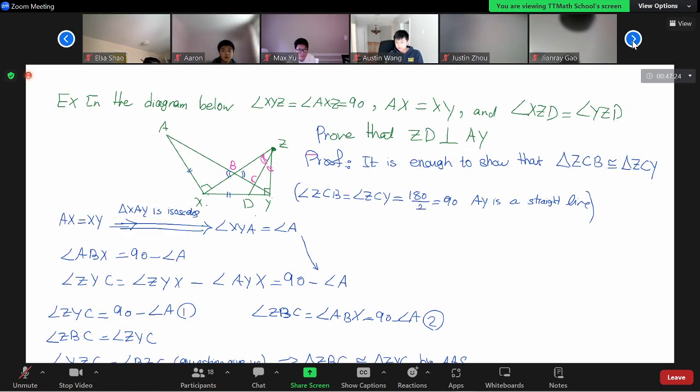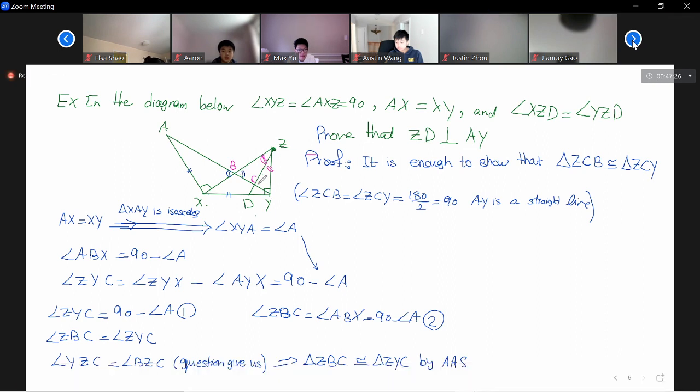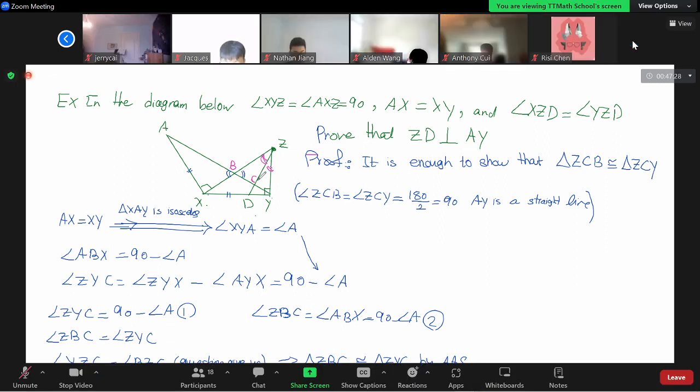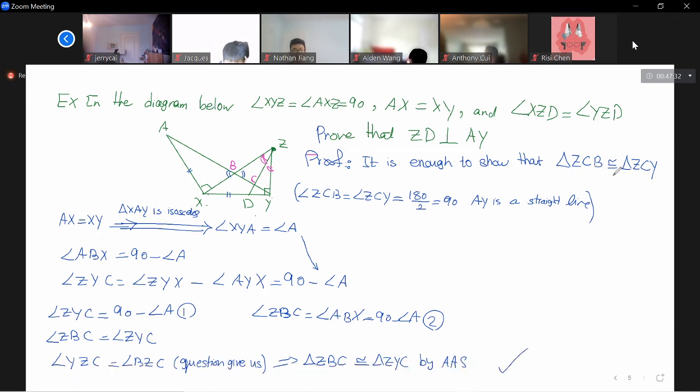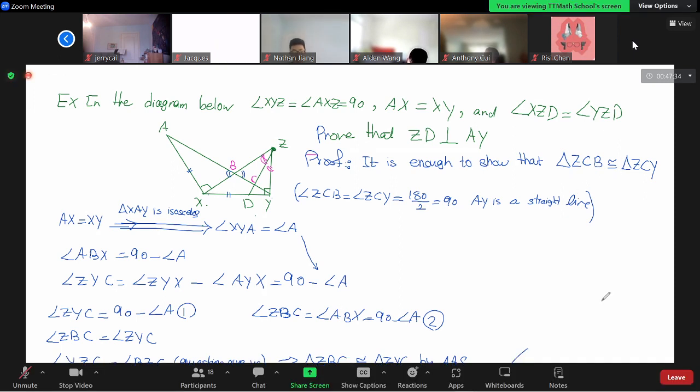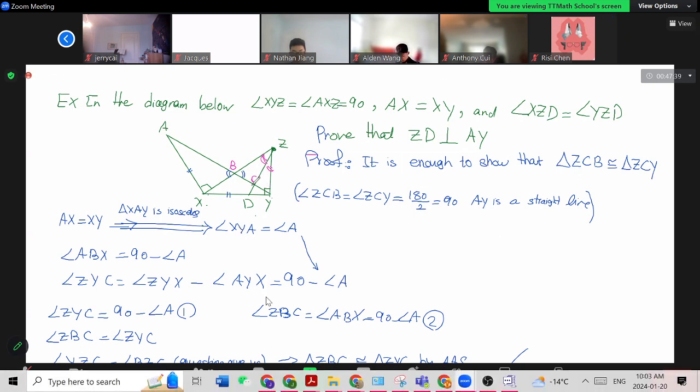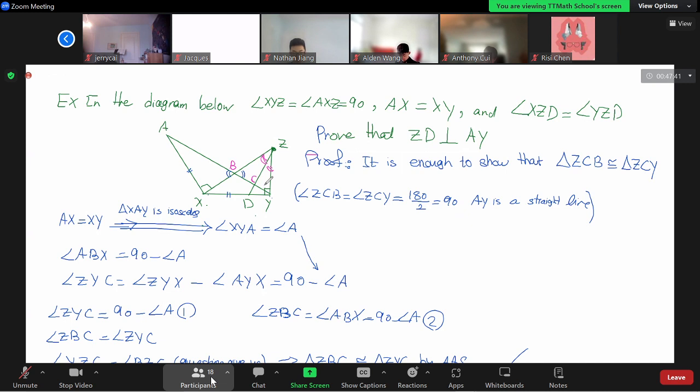So by angle, side, angle, they are congruent, and we are done. So we proved these two triangles are congruent, and therefore their corresponding angles, this is 90, and we are done. Any questions?